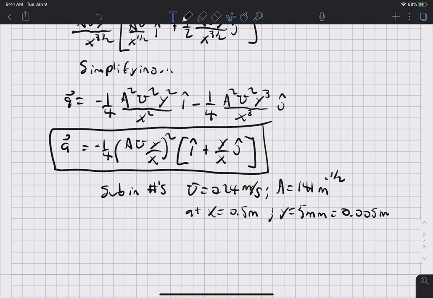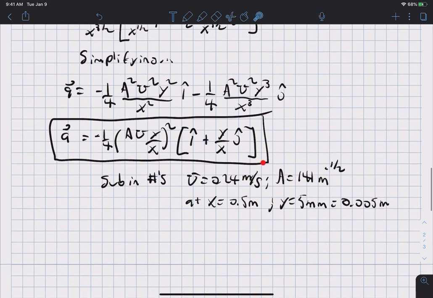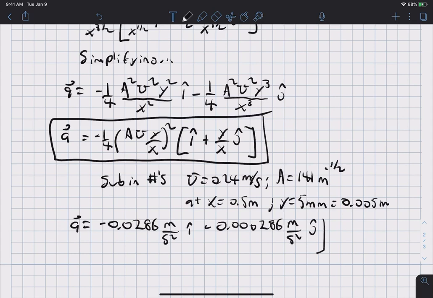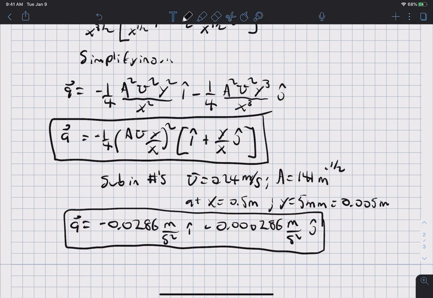If you substitute in these numbers into our equation that we derived for the acceleration, you'll get that a equals minus 0.0286 meters per second squared i hat minus 0.000286 meters per second squared j hat. Okay, so that's our final answer for B.